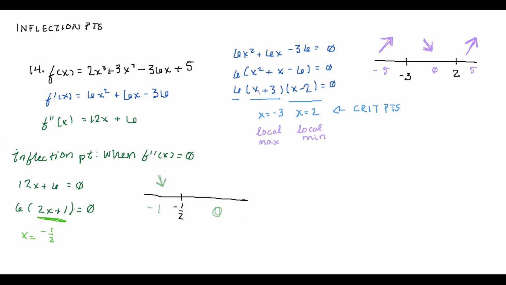And here we'll have 6 times 0 plus 1, which is going to be positive. So a negative second derivative means what? Concave down, and we're moving to concave up.